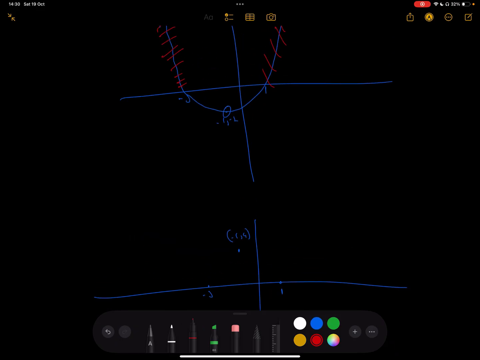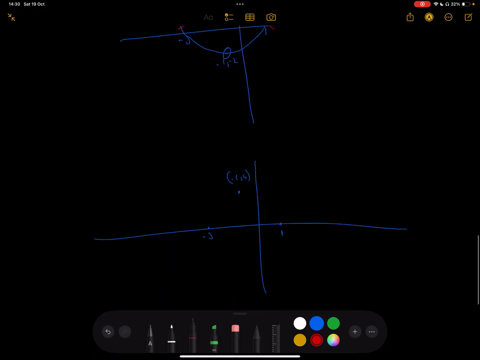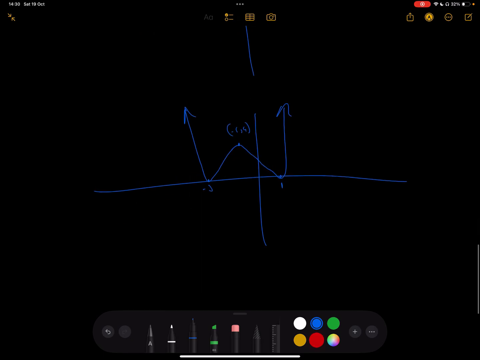We just literally join the points, but with our new steeper curve. Like so. And we can see that this curve is steeper because for the same x value, we have a greater y value because our y value is being squared.